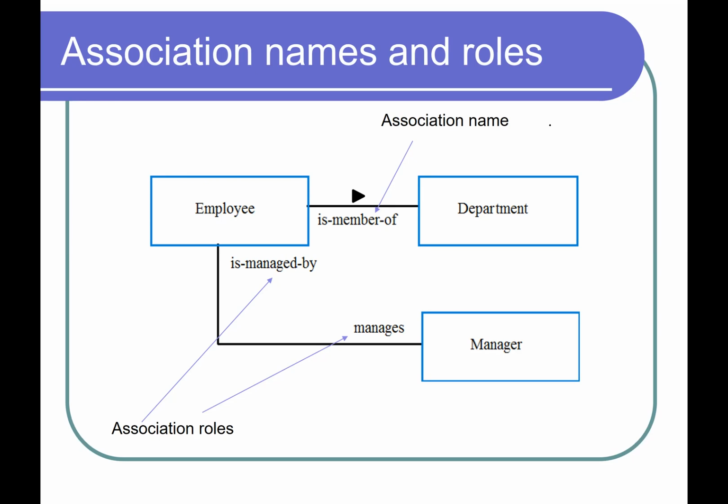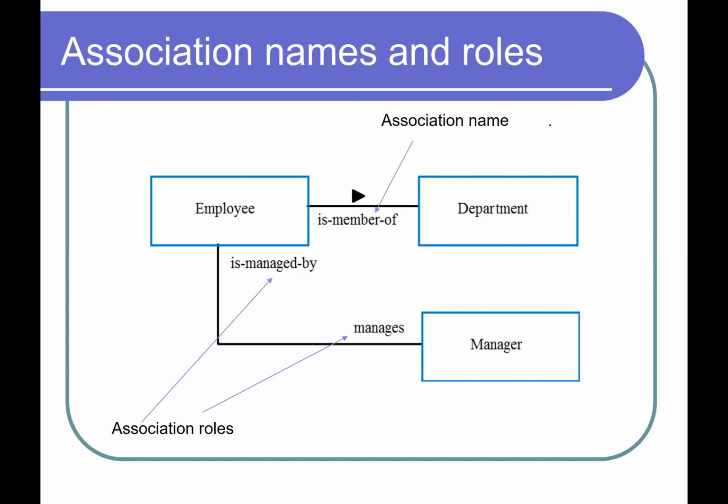Now, this is a member of thing. It's not the name of the employee. It's not the name of the department. It's something describing the association itself. In other words, it's actually describing the nature of it, okay?